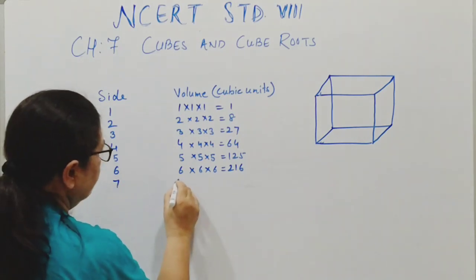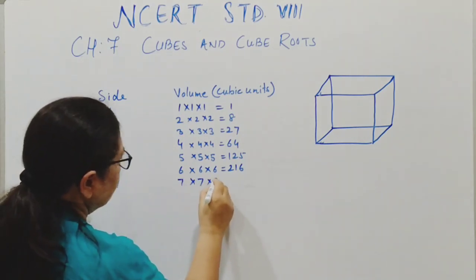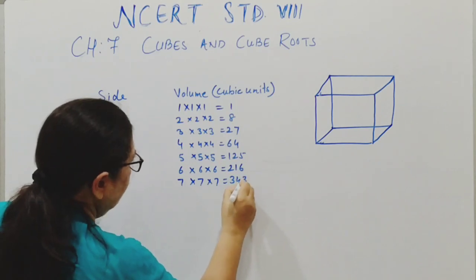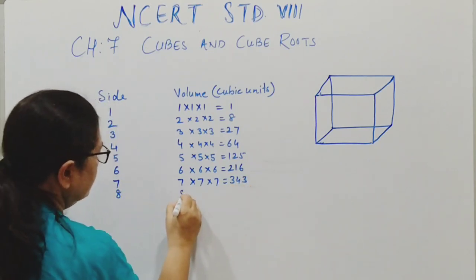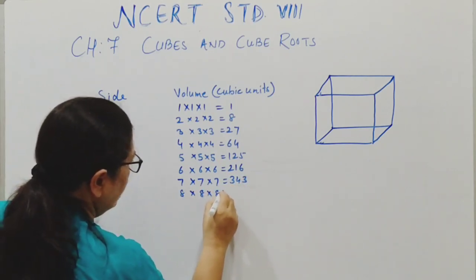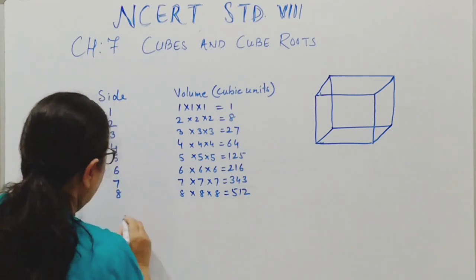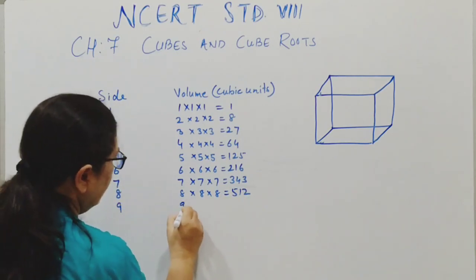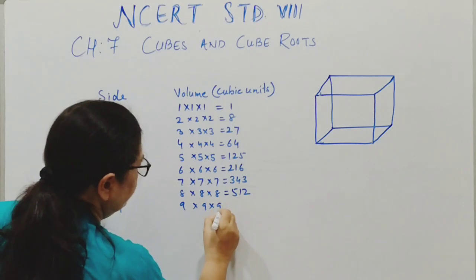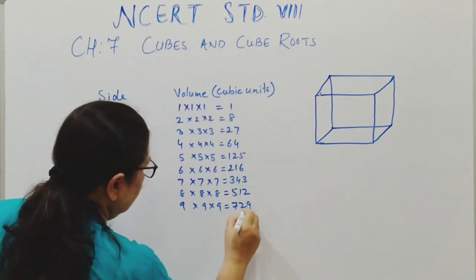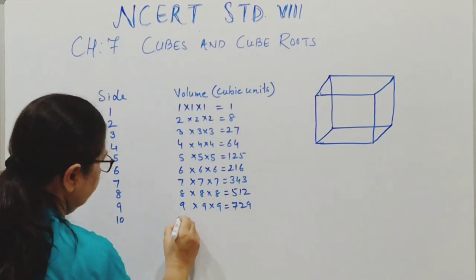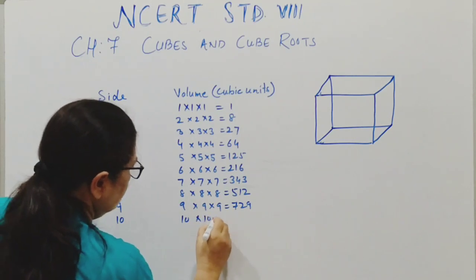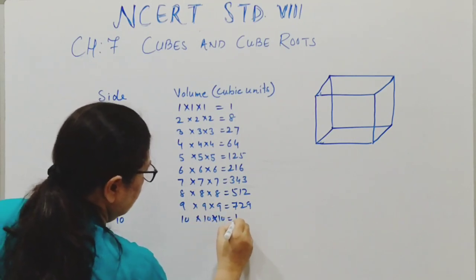Then 7, 7 into 7 into 7, 343. 8, 8 into 8 into 8, 512. 9, 9 into 9 into 9, that is 729. Then 10, 10 into 10 into 10.